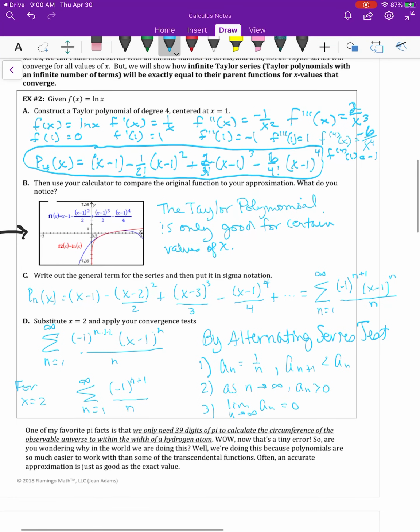And then number 3, the limit as n goes to infinity of a sub n is 0. So those were all the things that we needed for convergence with the alternating series test. So therefore, the series converges.